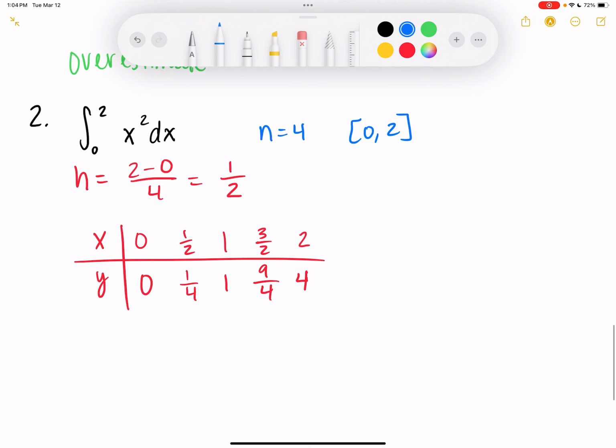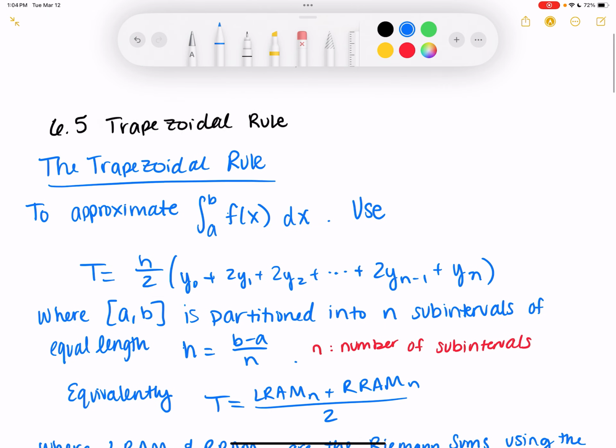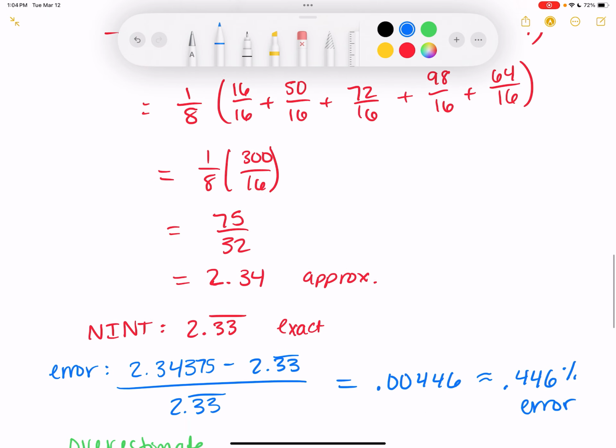So T is equal to h over 2, right? Let me verify it's the right one. Where is it? There it is. Yep. I just want to make sure I don't do it wrong to begin with.